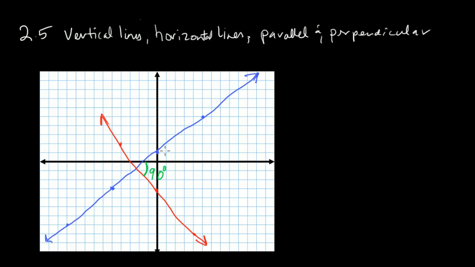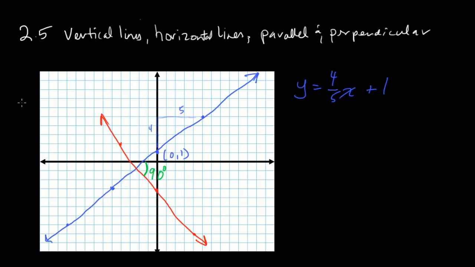This one has a y-intercept of 1, and it goes up 4 before it runs over 5. So the slope is 4/5 with a y-intercept of 1. So the blue line is y is equal to 4/5 x plus 1.